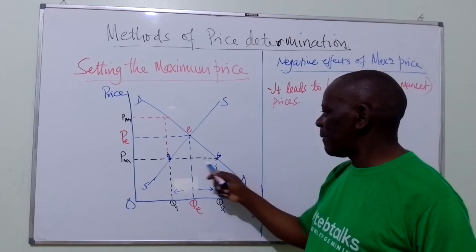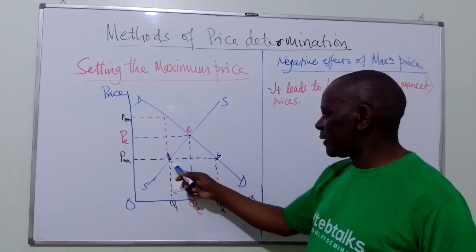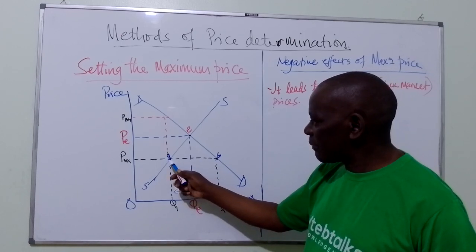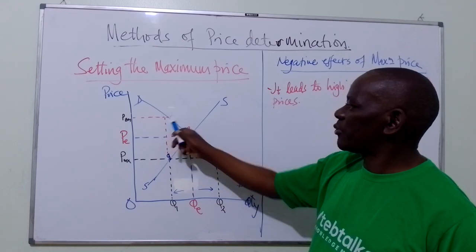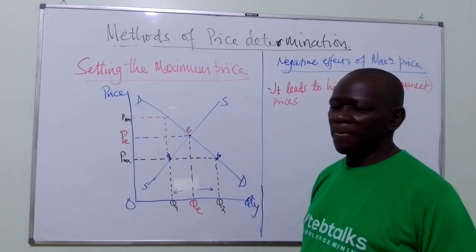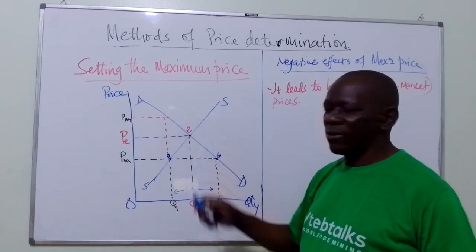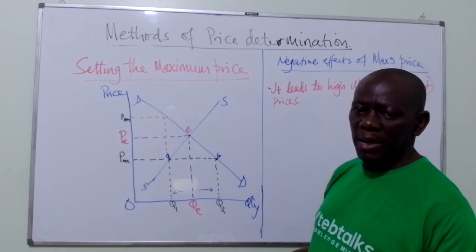The demand is here, but the supply is here. So, because of that, it forces this supply they are willing to put on the market, its price to go up. And that's why we call it black market price. Now the commodities are going to be sold in hiding. That's why we call it black market.